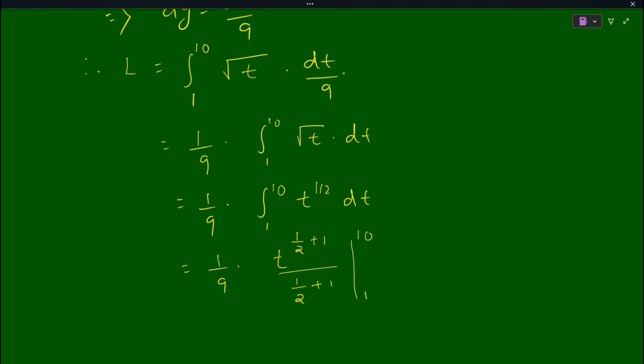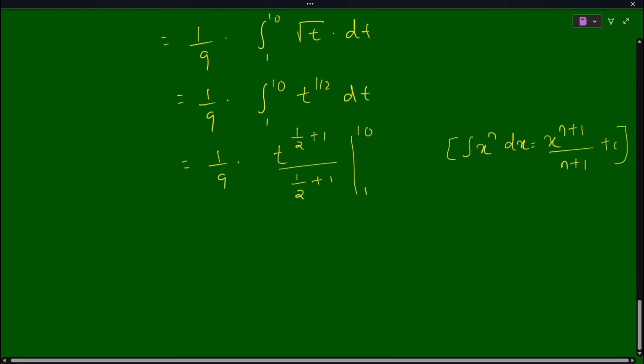This is again the standard formula, the integral of x to the power n dx is x to the power n plus 1 by n plus 1. Here there is a constant, but as it is a definite integral, there is no need to add a constant. Okay, so now let's solve furthermore.